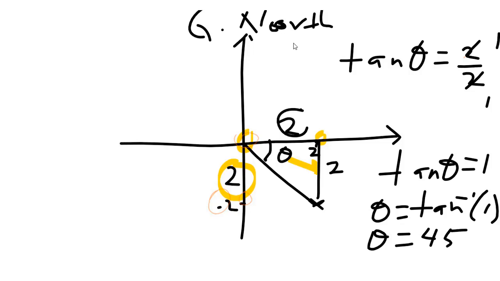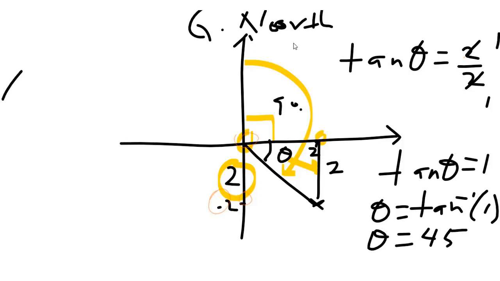So theta is 45. Now the angle that we want is the angle from the north to this line, and from the north to the x-axis is 90 degrees, plus the angle theta.